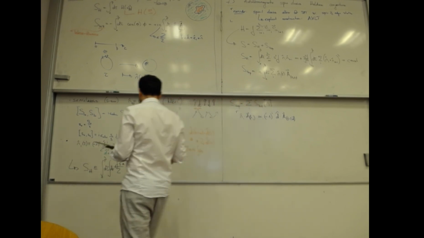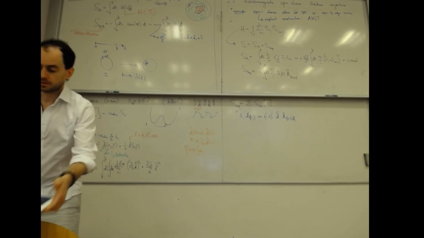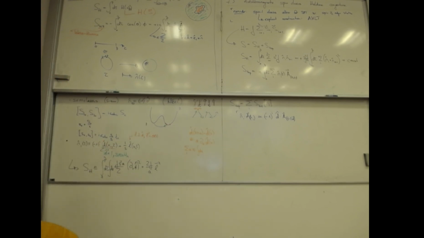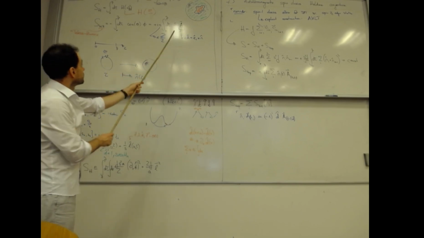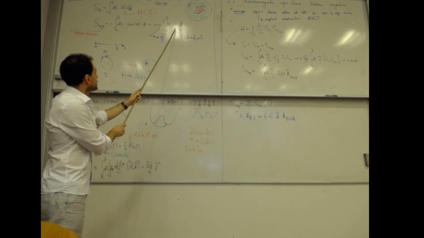Then there are going to be 1 over s corrections. And these 1 over s corrections occur by taking either here we can place the L part, or here we can place the L part, right?